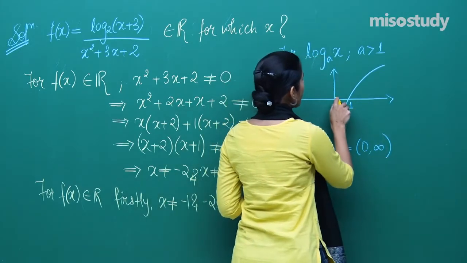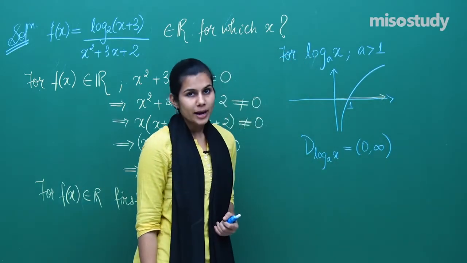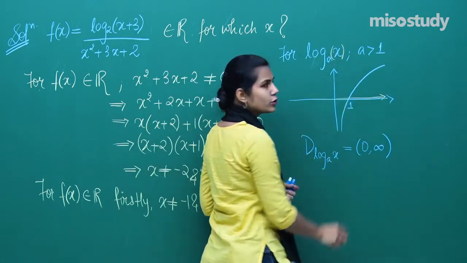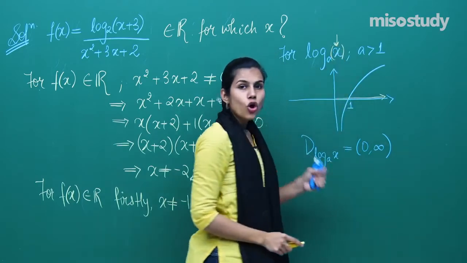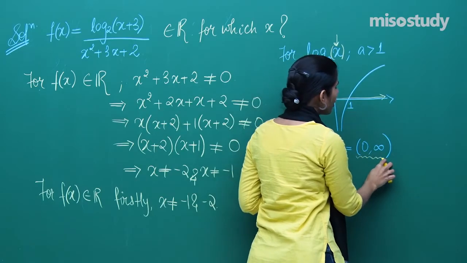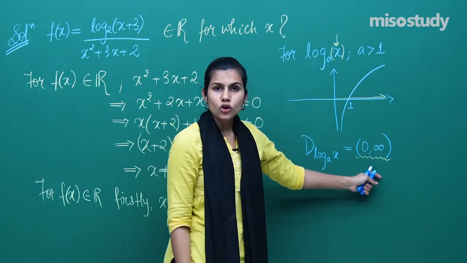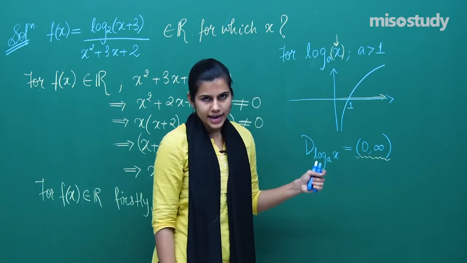Only on positive reals is log applicable. That means when you are talking about log x, only those members can enter as x which come from the interval (0, infinity). If there is any real number not belonging to (0, infinity), it cannot go and sit inside log x.